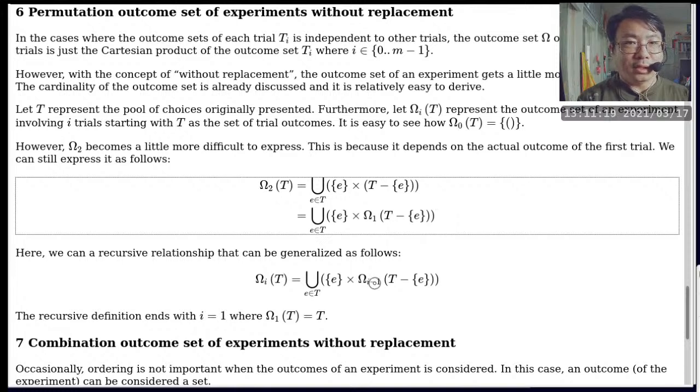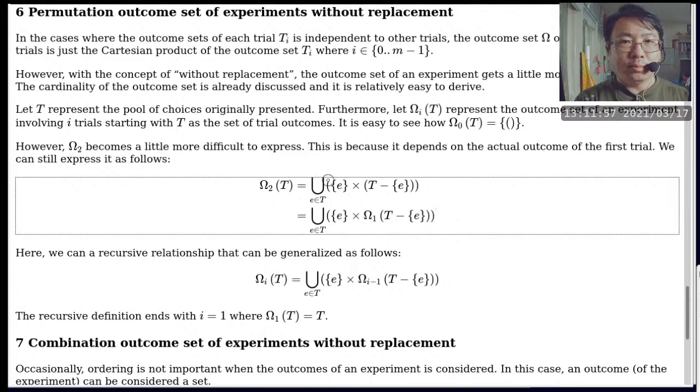This is looking at a smaller omega, but the choices available to this smaller omega cannot have E anymore, because we have chosen E at this level as our outcome. So E is no longer available to the sub-experiment that has I minus 1 steps. Okay, so let's finish this.